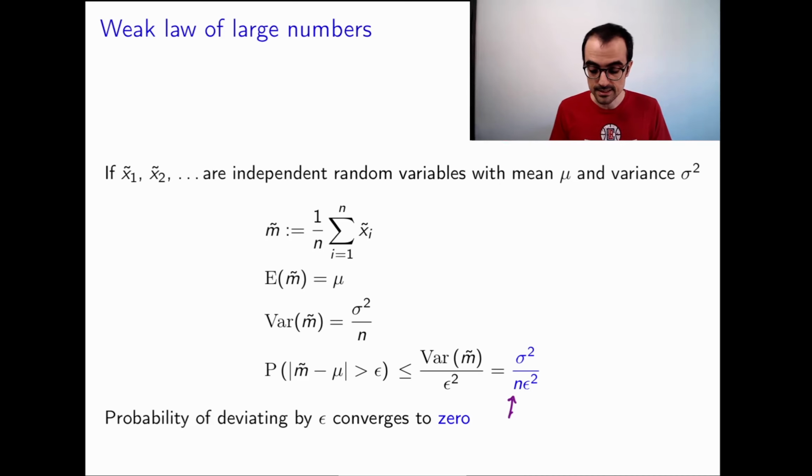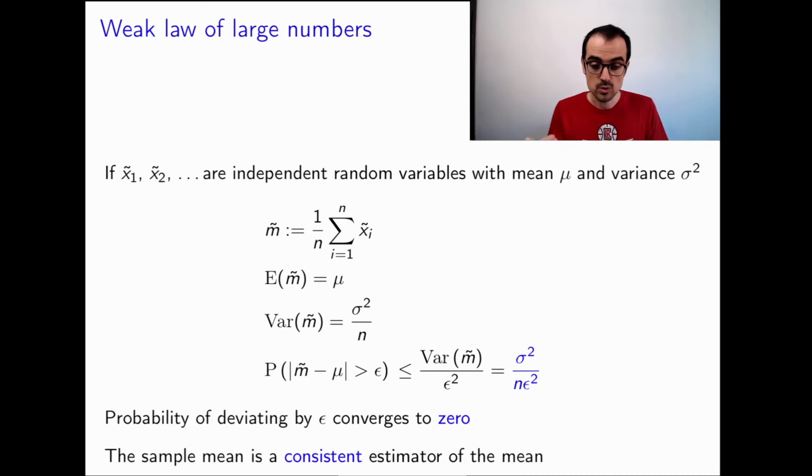In statistics, this kind of convergence, where the probability that the estimator deviates by any fixed constant from the truth becomes 0 eventually, is called consistency. We say that the estimator is consistent. The sample mean is a consistent estimator of the true mean if you have independent identically distributed measurements.